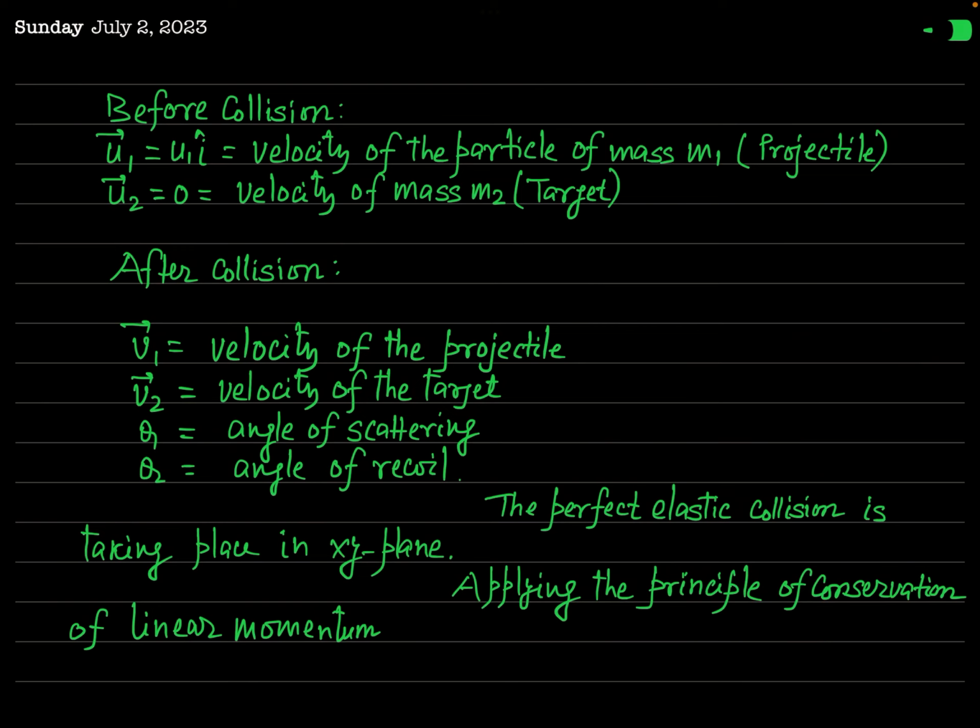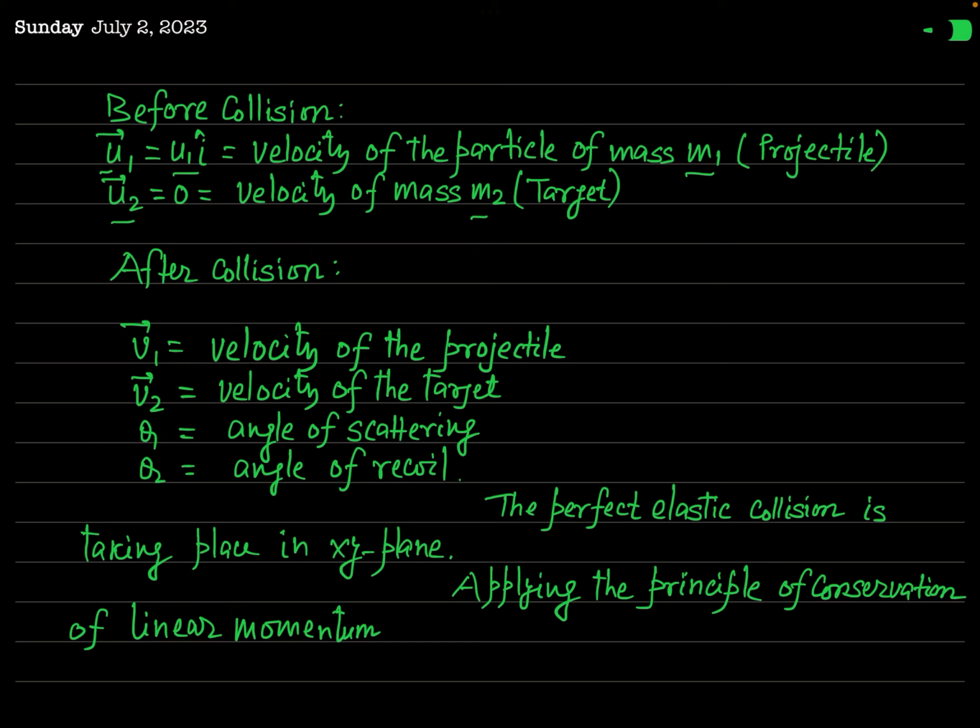You can see I have considered that before collision, u1, which is equal to u1 i, is directed in the x direction. This is actually the velocity of the particle of mass m1, which is called the projectile, and the velocity of mass m2, which is called the target, is 0, u2 is equal to 0.